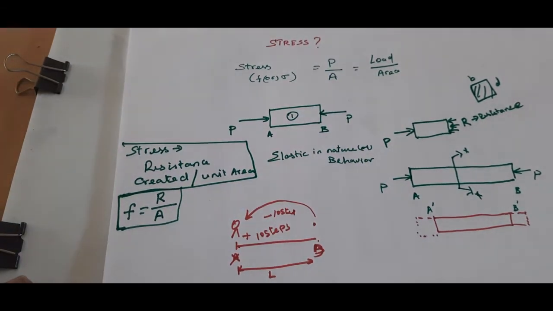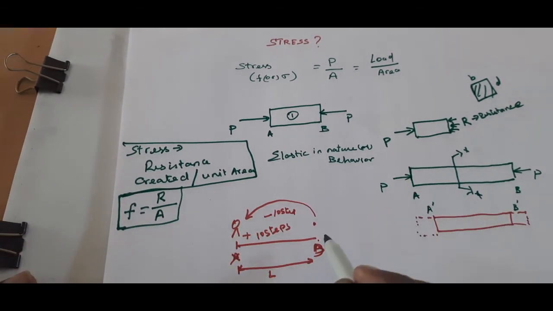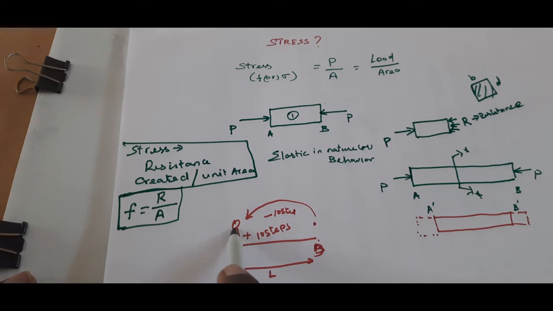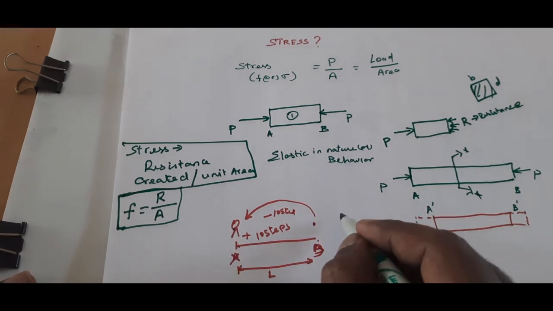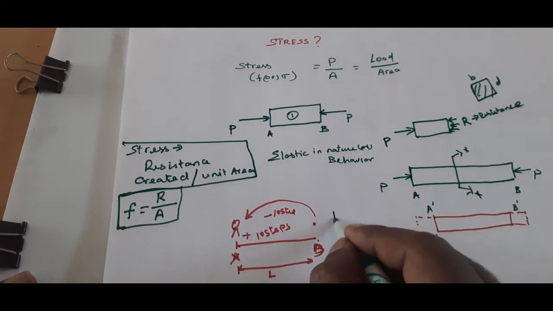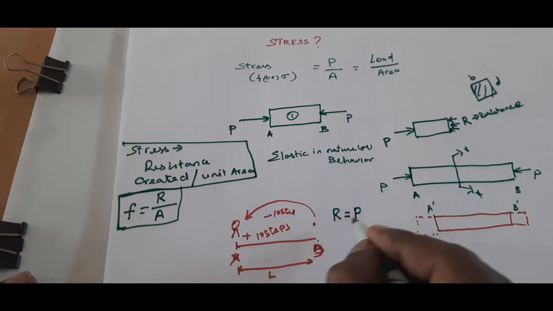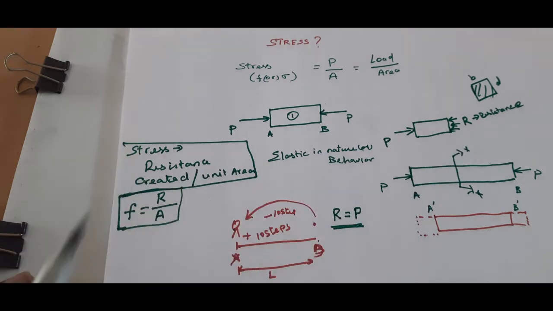If it travels 10 steps in the positive side, it has to travel minus 10 steps to the negative side. Similarly, if it is purely elastic, the resistance R created should be equal to the externally applied load, then only it can be elastic.